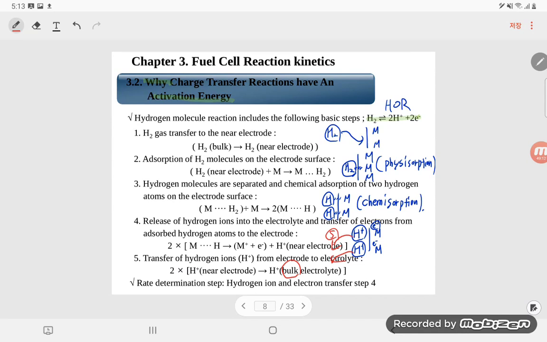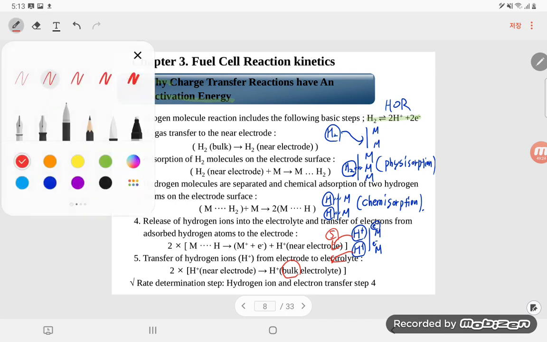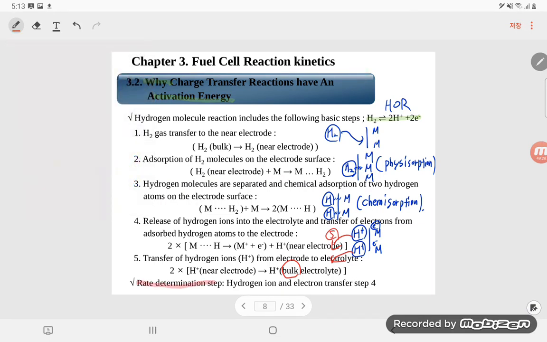5 steps, but if there is a very, very slow step, then that will determine all of the reaction rate, right? So then what is the rate determination step, which is the slowest step? The hydrogen ion electron transfer, right? That is the slowest step.